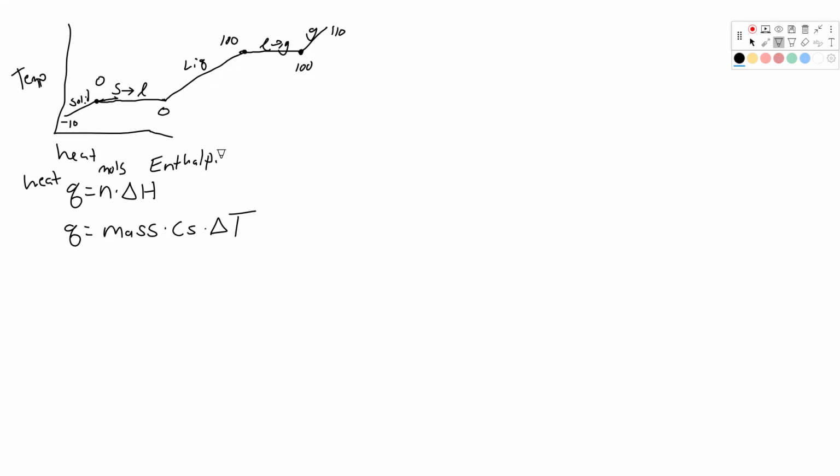Remember, enthalpy is how much energy, in kilojoules, to perform a reaction, in this case a phase change, for 1 mole of substance.